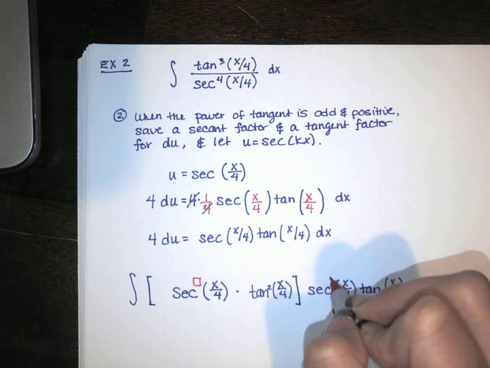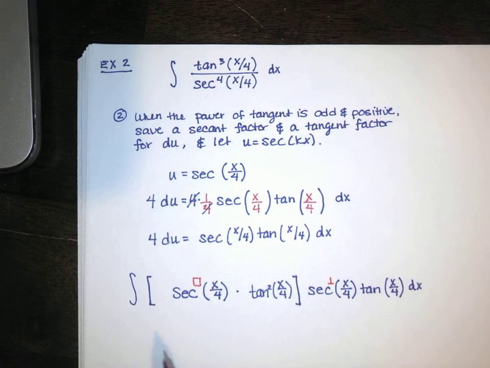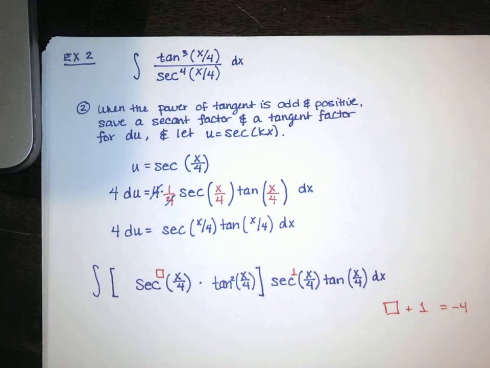So I need, remember our exponent properties, if this times this is secant to the negative fourth, this exponent plus this exponent has to be negative 4. So I'm asking myself, what plus 1 equals negative 4? And we know if we subtract 1 from both sides, the number that would go right there is negative 5.